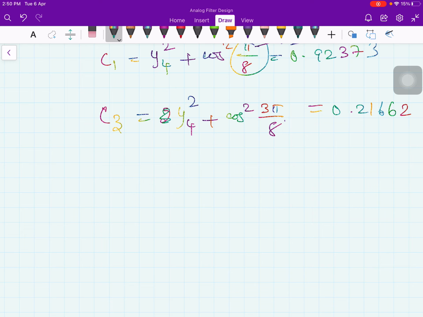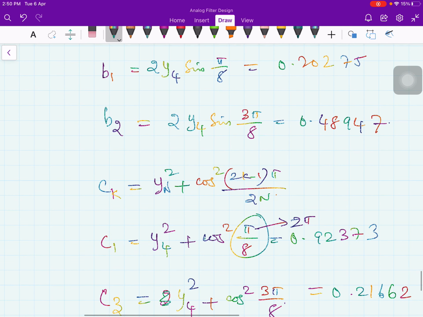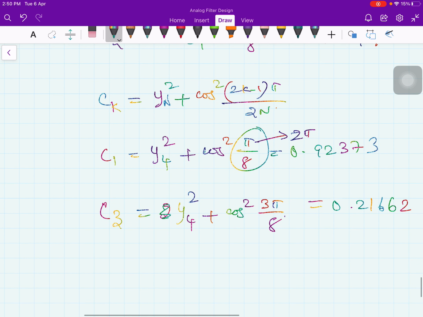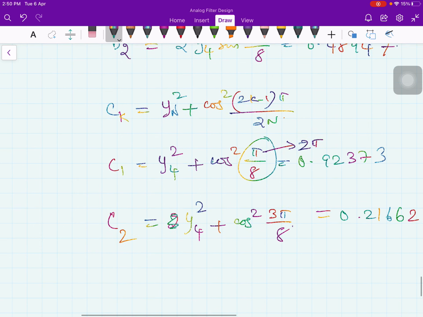So the problem now is to find out these values like B1, B2, C1, C2. I beg your pardon, this is C2, C1, C2, and then yn is no longer needed to calculate these coefficients.